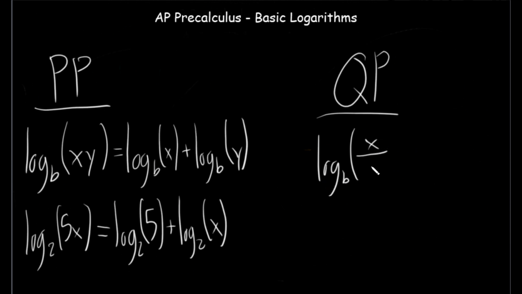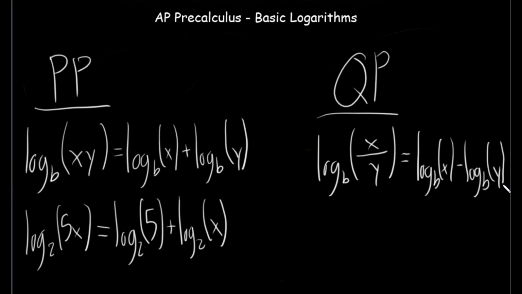Then we have the quotient property, which explains that log base b of x divided by y equals log base b of x minus log base b of y. So kind of similar here, when we subtract a logarithmic expression from another logarithmic expression, we're dividing the value of x by the value of y.